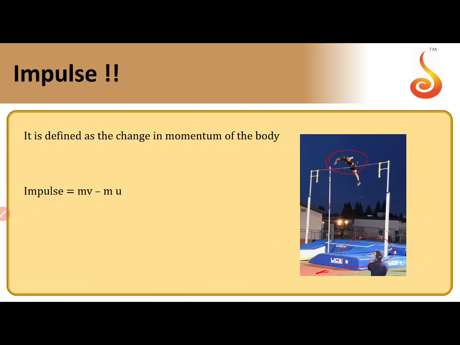This is due to a concept called impulse. Impulse is due to a large force acting for a short interval of time. A large force acting for a short interval of time is called impulse or impulsive force.